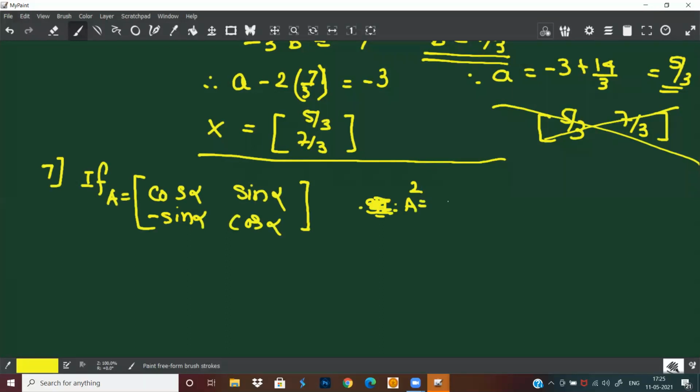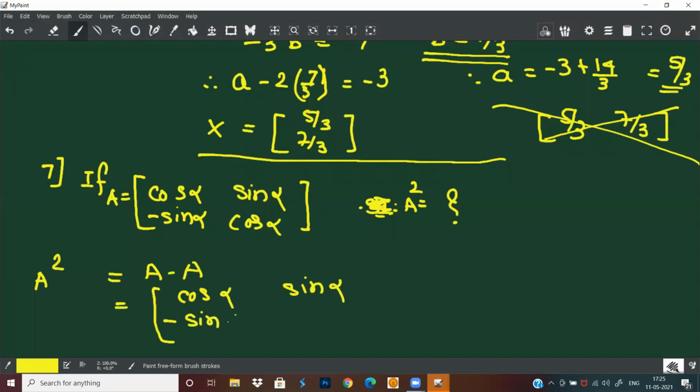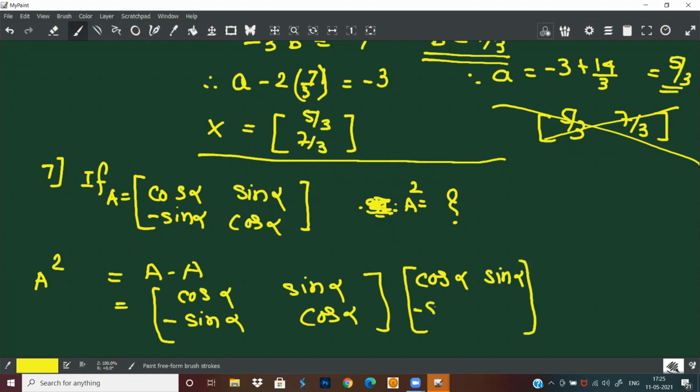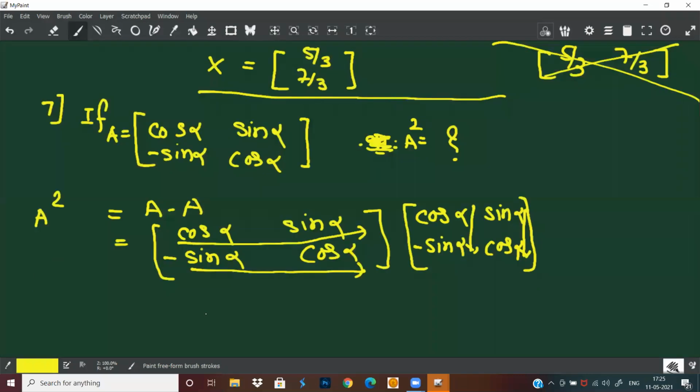ए स्क्वायर निकालो ना, शो दैट वाला क्या करना है, ए स्क्वायर निकालो. Both are 2 by 2, so A square also will be 2 by 2.